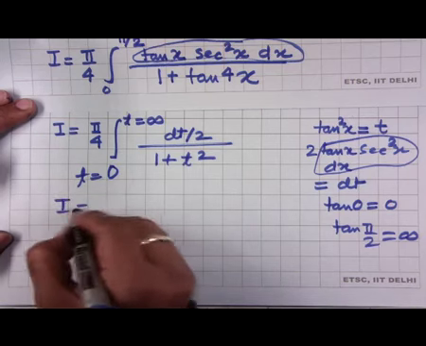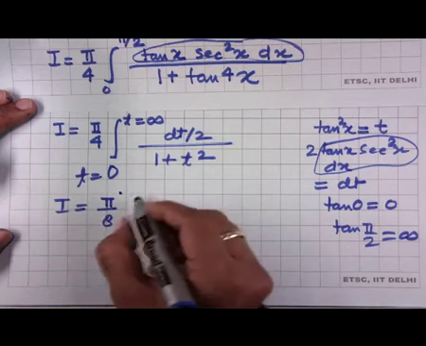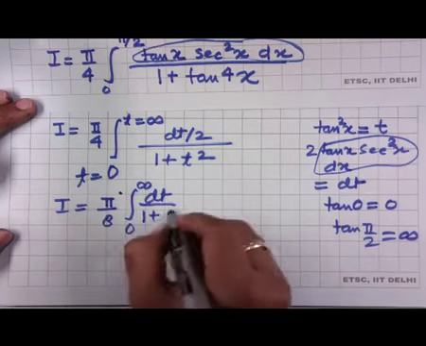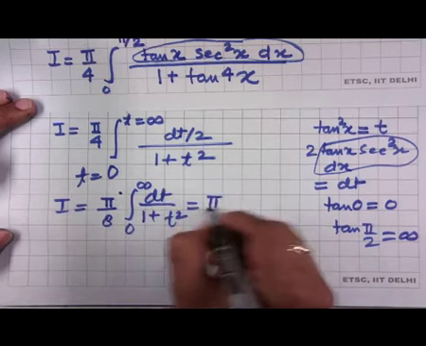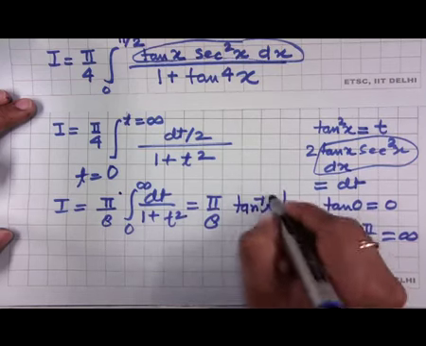So, I is pi by 8 integral 0 to infinity dt by 1 plus t square. So, this is pi by 8 tan inverse t from 0 to infinity.